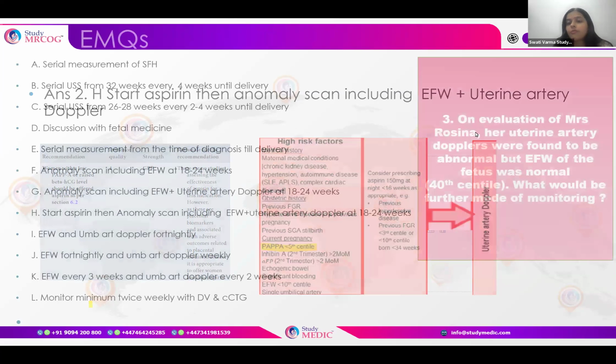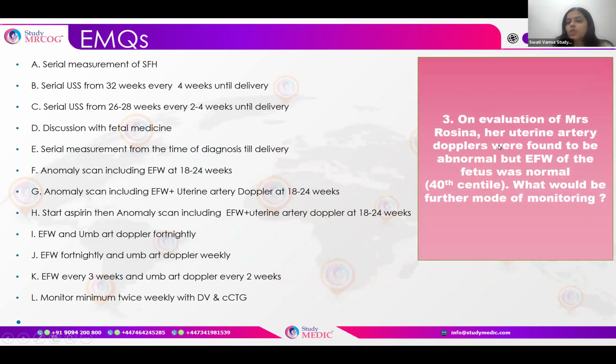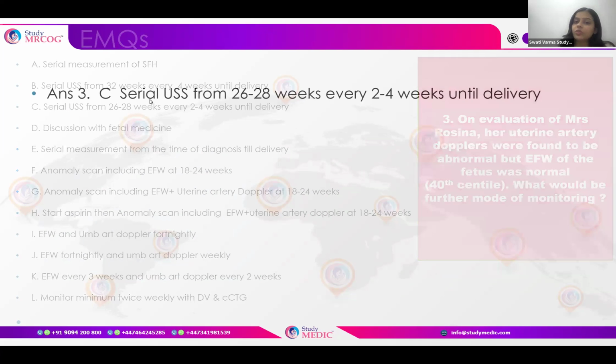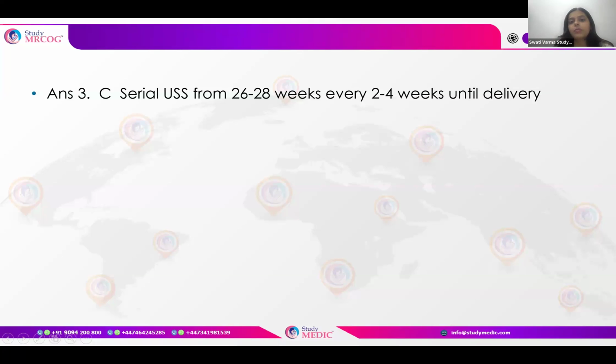On evaluation of Mrs. Rosina, the previous patient, her uterine artery Doppler was found to be abnormal, but fetal weight was normal. Now, what would be the further mode of monitoring? As we remember, if either of the two is abnormal, ultrasound from 26 to 28 weeks comes into the picture. Either uterine artery Doppler is abnormal or estimated fetal weight is less.